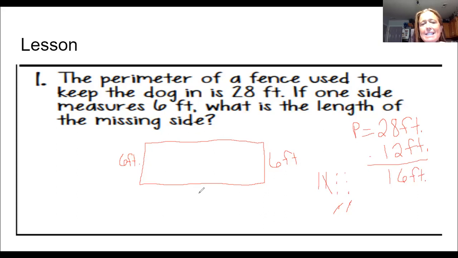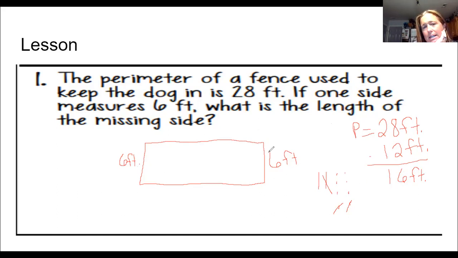But if I do 16 and 16, that's going to be much more than 28 feet. And our entire perimeter, our distance around, can only be 28 feet. So if I have 2 sides and I have 16 feet left in my perimeter, how would I figure out how much to put on each side?